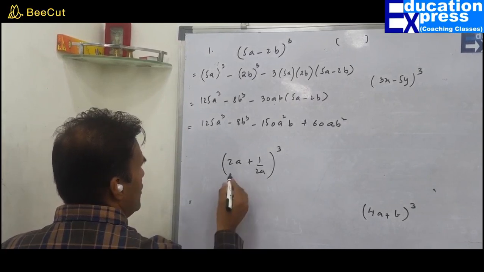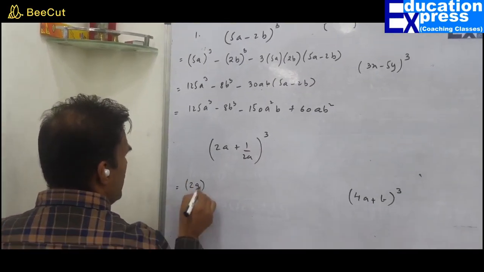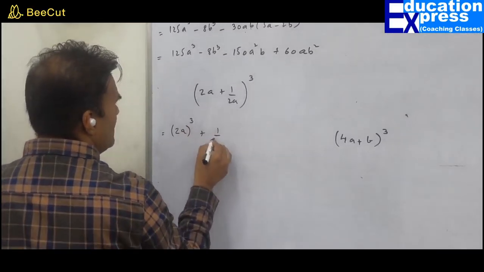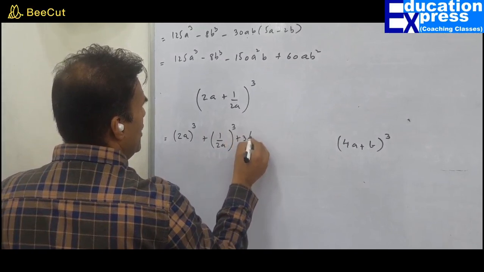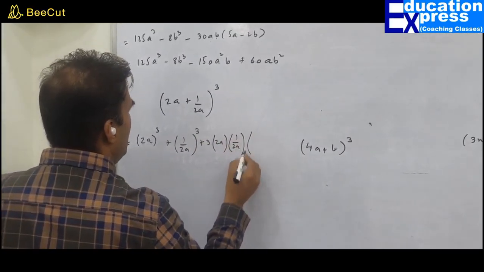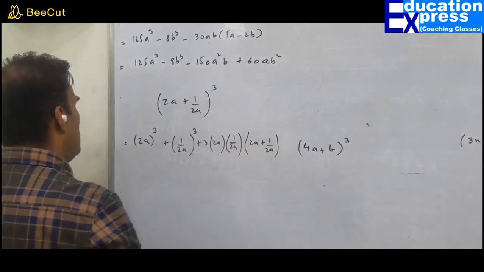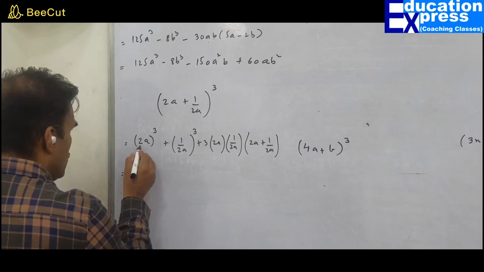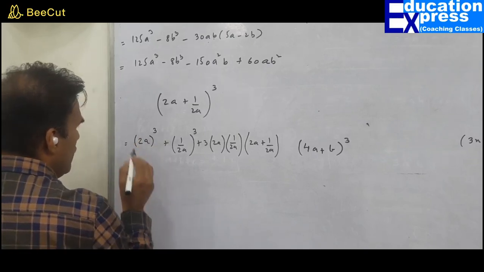Look at this question. 2a plus 1 upon 2a the whole cube. a cube plus b cube plus 3 into a into b, and after that a plus b. Now focus on this. 2 cube of 2, 8a cube.